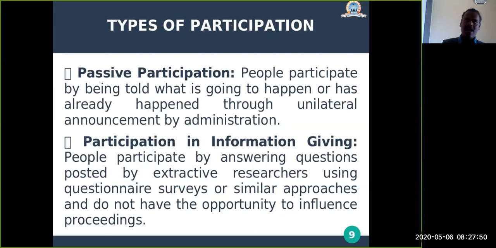You just tell the community that this program is going to bring these benefits. You do not ask the community to participate in the whole process, you just inform the community how they are going to participate. You are just giving the information. You can say people participate by being told what is going to happen.